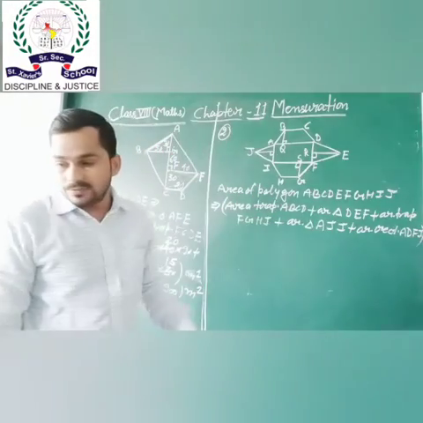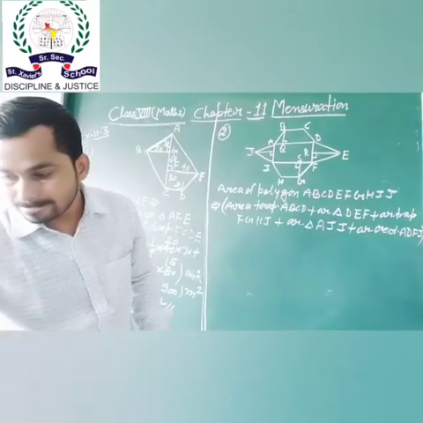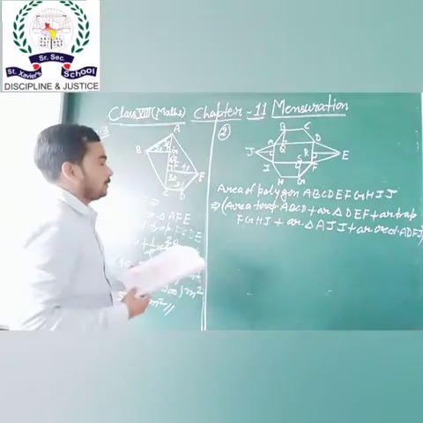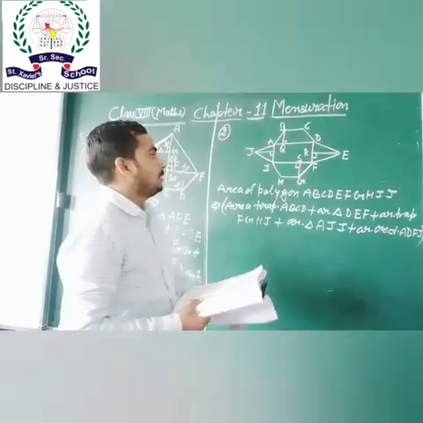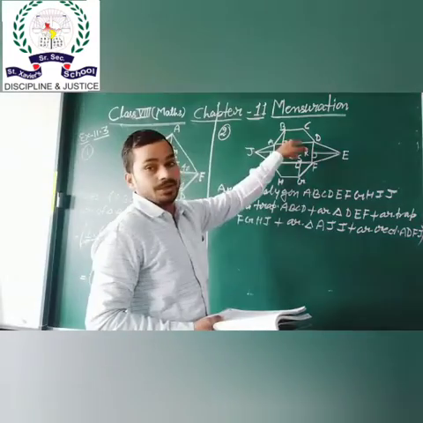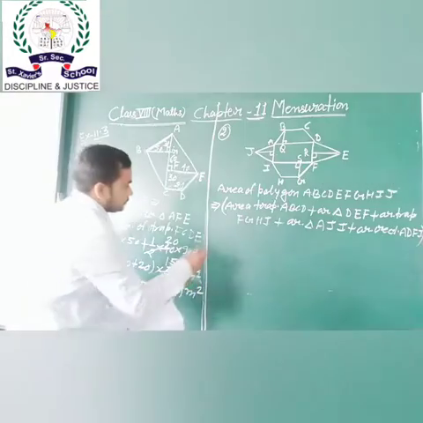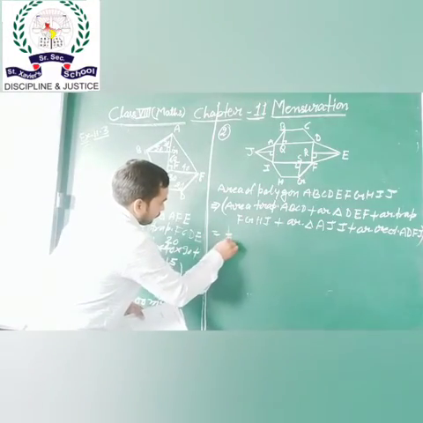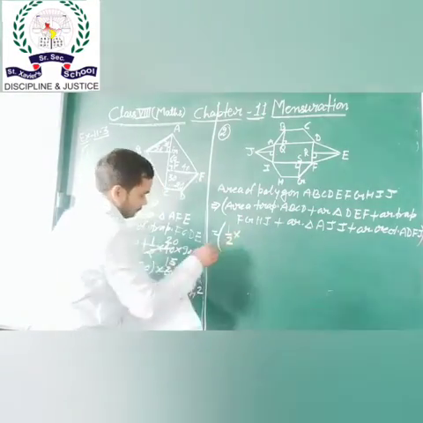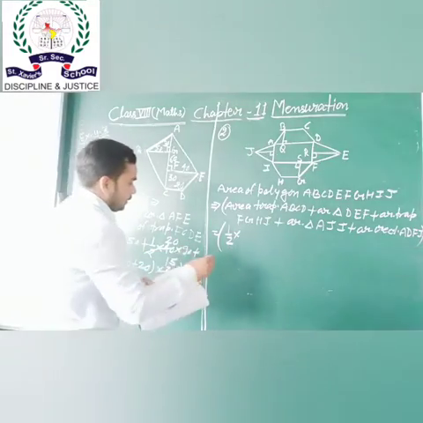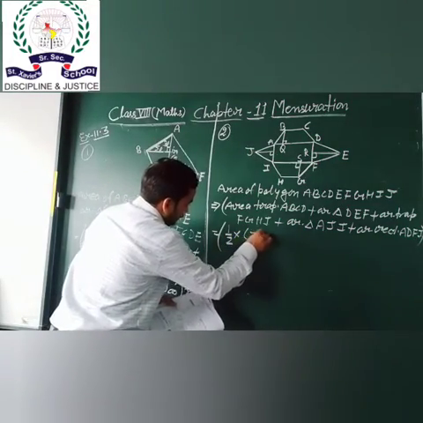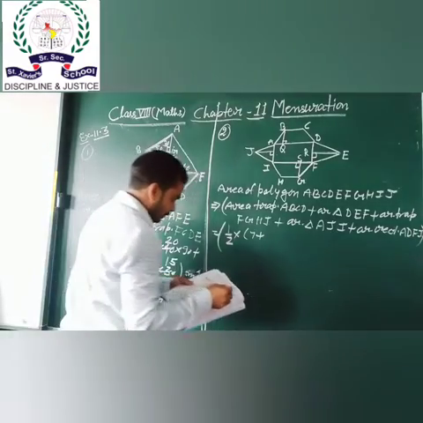The area of trapezium ABCD is 1/2 sum of parallel sides. Parallel sides are BC and AD, and distance between them, that is BQ. So 1/2 AD plus BC. AD is given 7 plus BC is given 5.